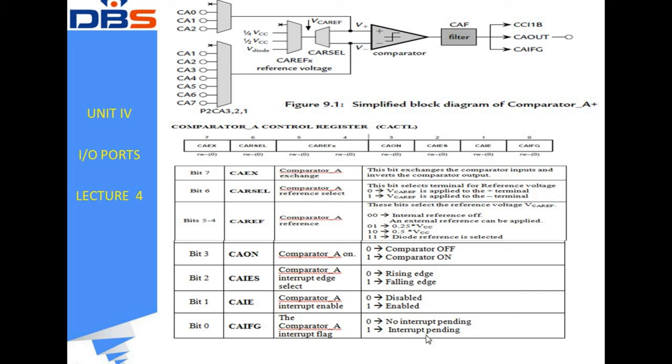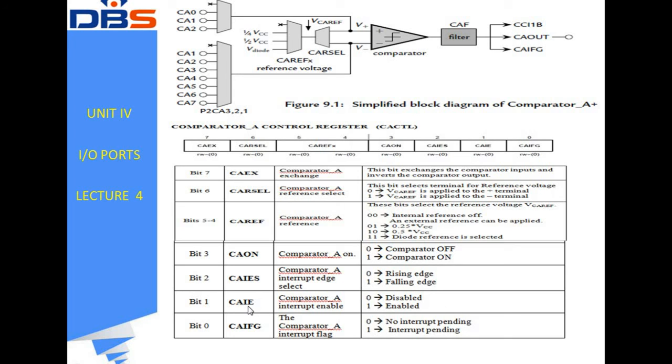If it is 1, then the interrupt is pending, that is, the interrupt coming from the external devices is pending. That means that operation has not been done. Therefore if the value is 0, then no interrupt is pending. Whatever interrupts coming from the devices are cleared.